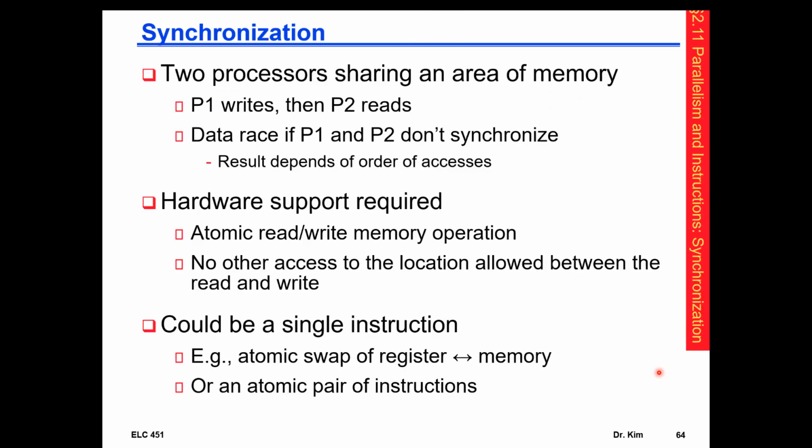All right, so let's talk about another very relevant topic, which is synchronization between two processors. So you know that modern processors these days are multi-core. Let's just take the simplest case of a multi-core implementation, which is two cores, two processors that are going to be sharing an area of memory.